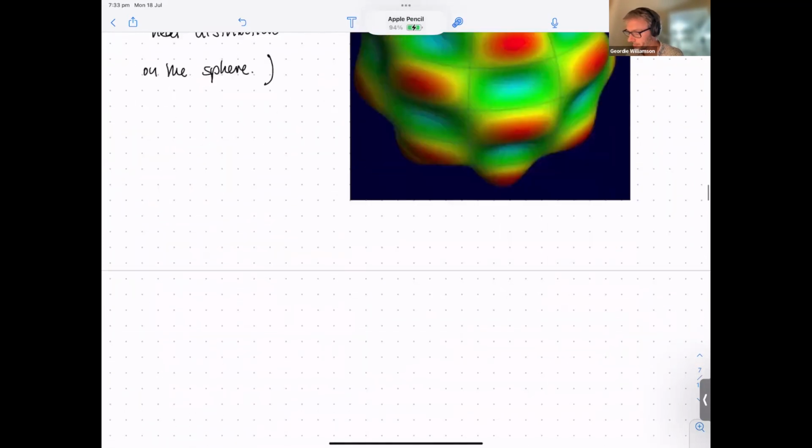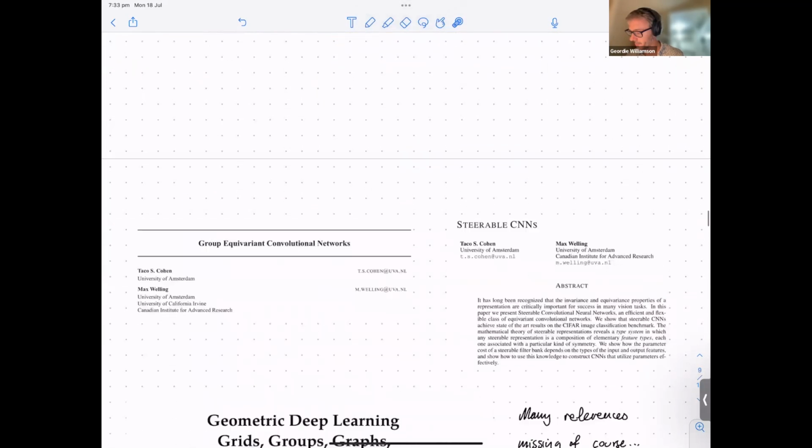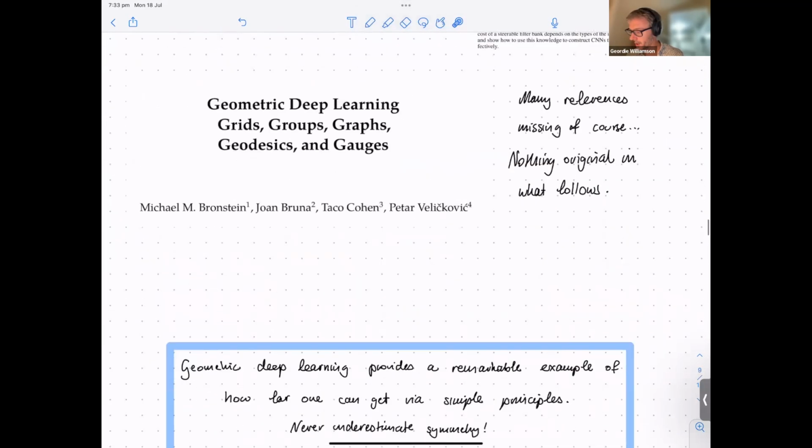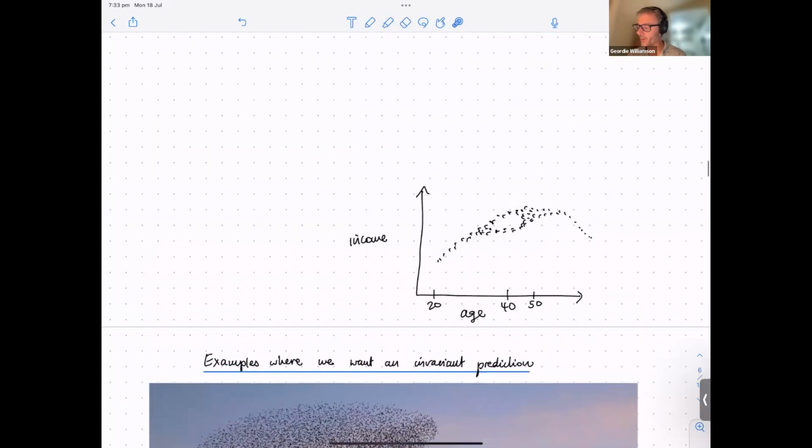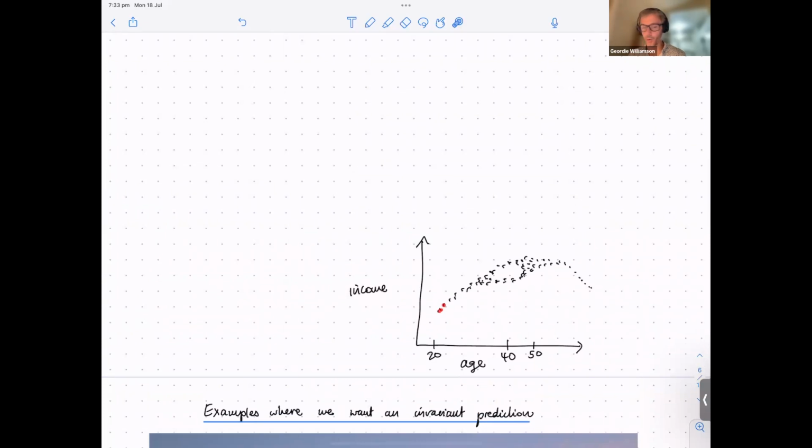But the important point here is that, as with the birds, we're trying to look at this data without remembering which point corresponds to which person.